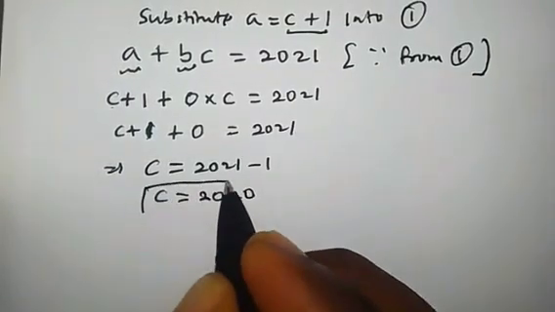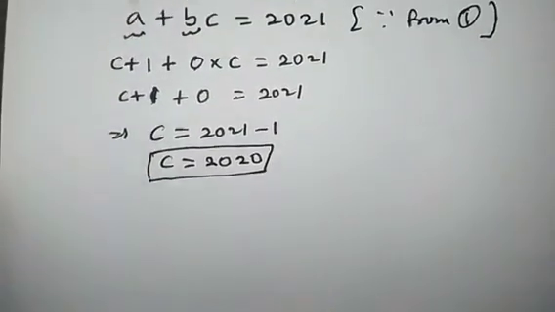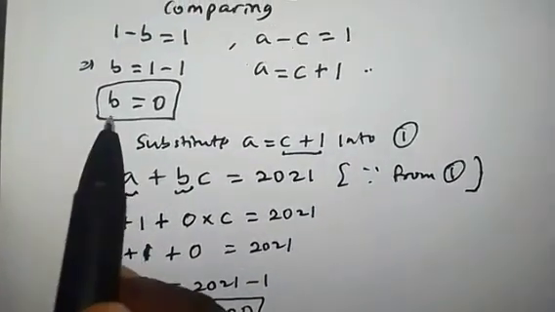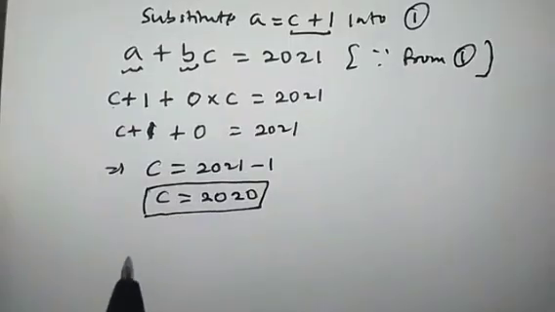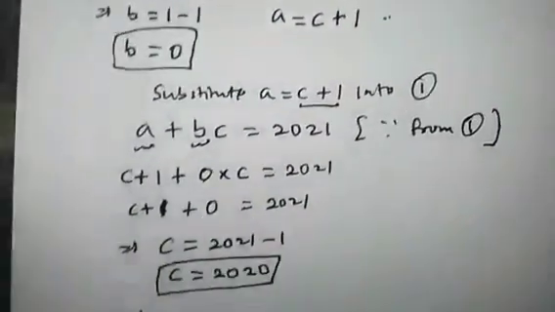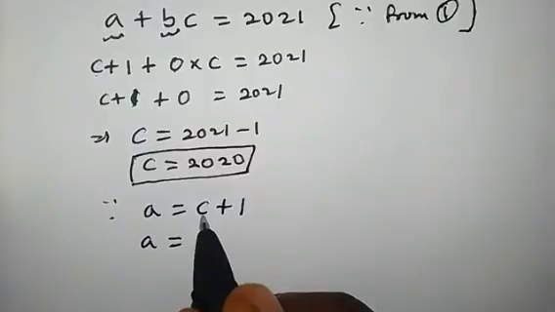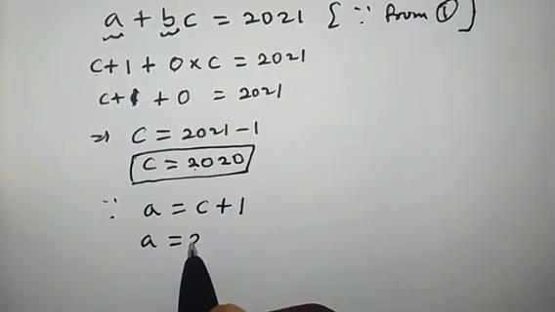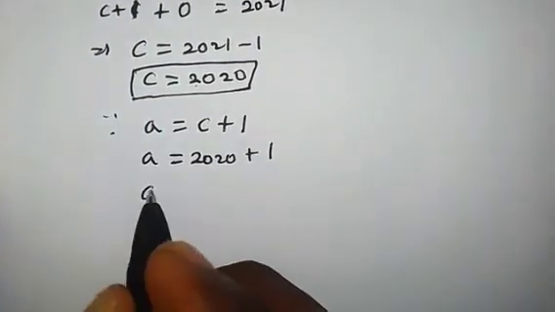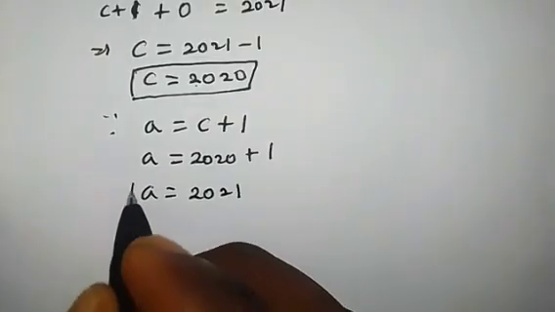This is the value of C. Now, what is left is to find the value of A. We already obtained the value of B and the value of C. Since A = C + 1, and the value of C is 2020, A = 2020 + 1, that is 2021. This is the value of A.